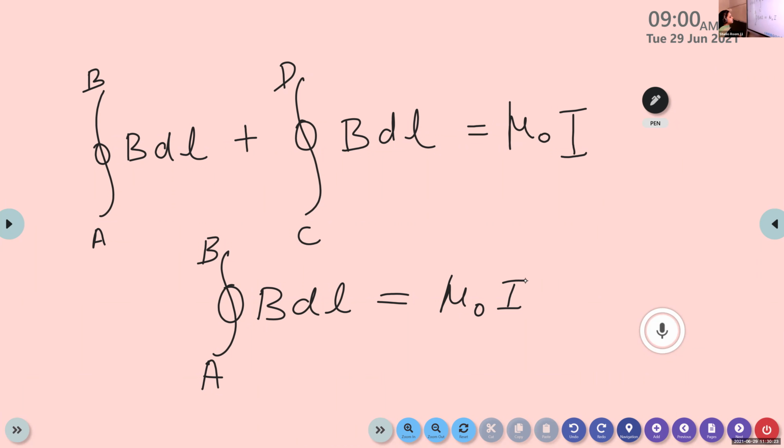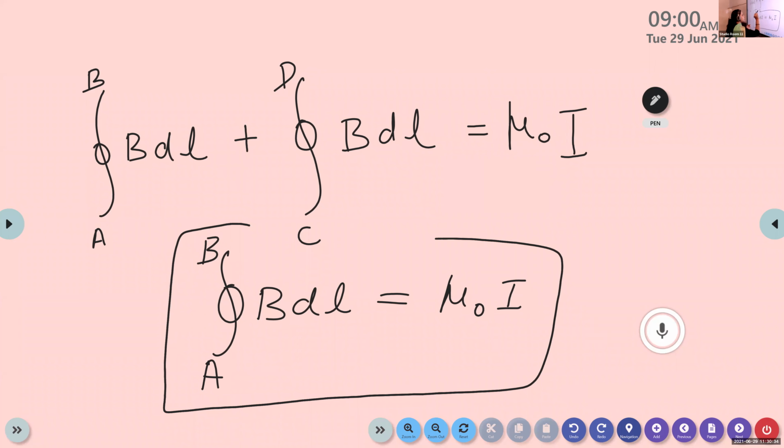Okay. And here we consider the solenoid with n number of turns. This expression represents the magnetic field produced by a solenoid due to one turn only.